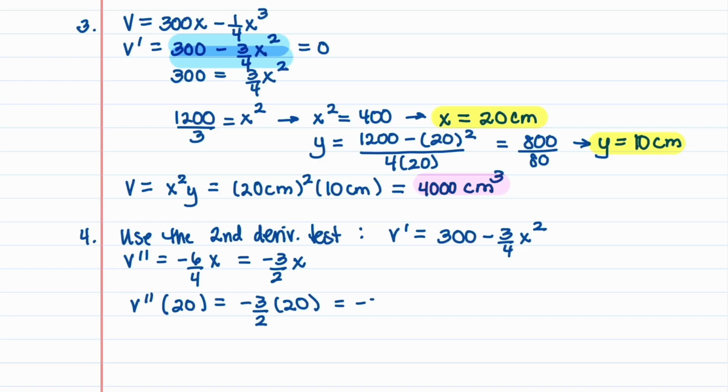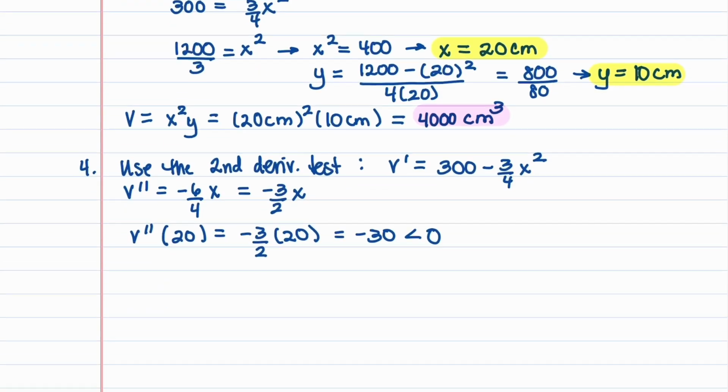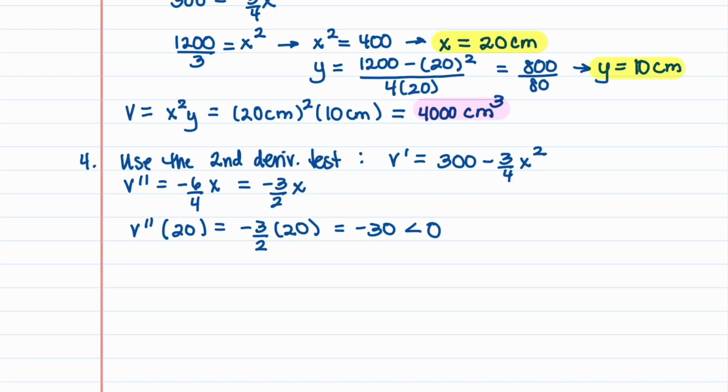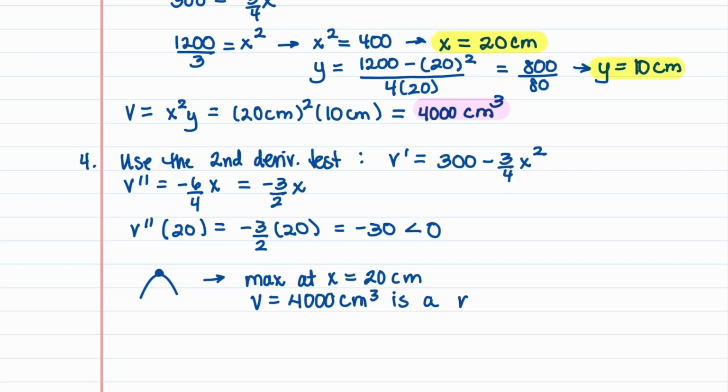And this is minus 30, and it's less than 0. We really don't care what the number is. We just need to know if it's positive or negative. Because it's negative, our function is concave down, and we have a max. We can then say that we have a max at x equal to 20 centimeters. And then we can also say that V equal to 4,000 centimeters cubed is a maximum.